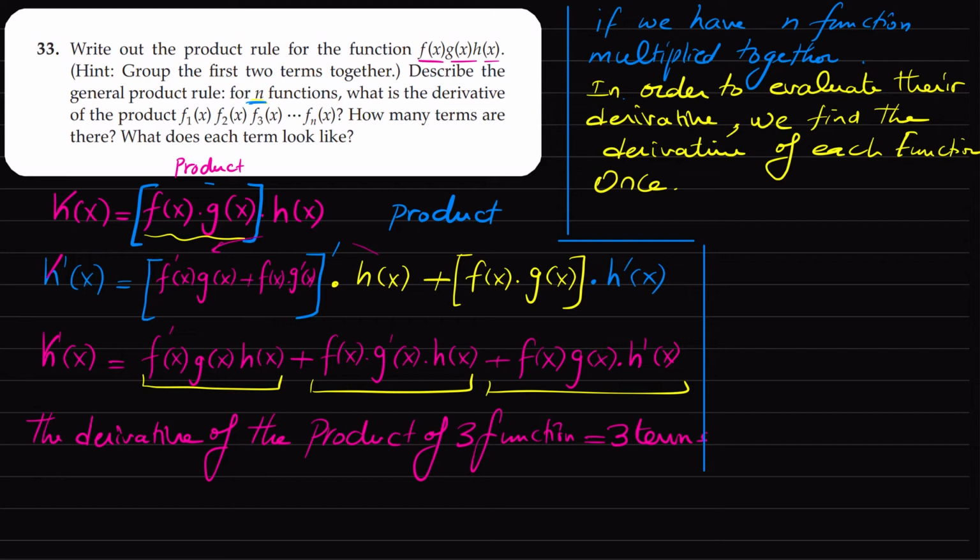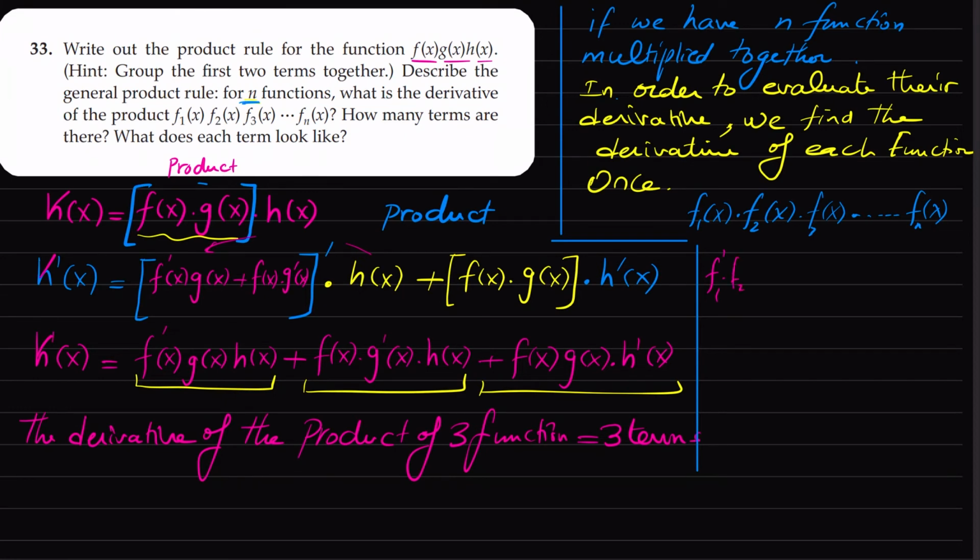How come? So for example, if we have f1 of x multiplied by f2 of x multiplied by f3 of x times fn of x, so we do the derivative of the first, f1 prime times f2 times f3 times fn plus, we did the first derivative, so the first one we did its derivative.